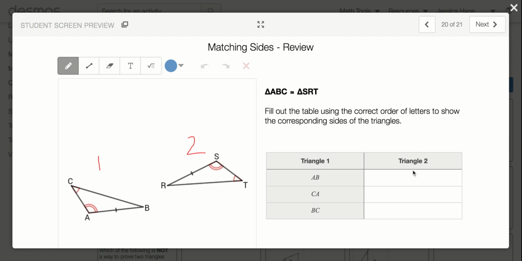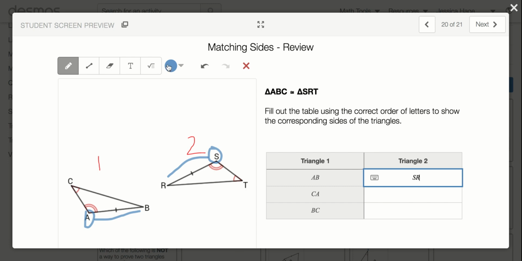And then we're just doing sides here based on the triangles that we have. So these triangles are congruent by angle, angle, side. And so we know all these other parts are congruent. So side AB. If we're starting with A, which has 2 loops, we're going to start with S when we name that side. AB is coming this way, and so we're going to say SR is the other side.